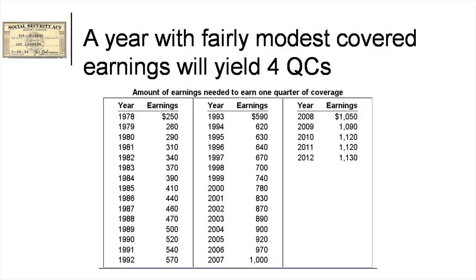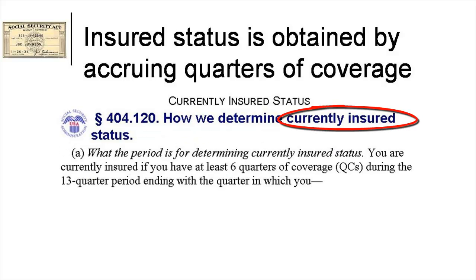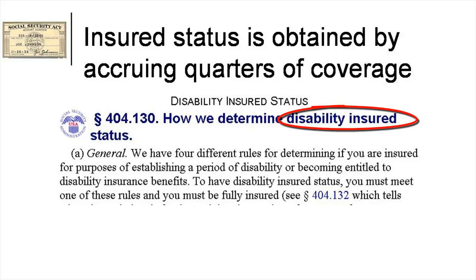Quarters of coverage, sometimes referred to as QCs, or simply credits, are used to determine whether the beneficiary, or critical family member, has the requisite insured status. Depending on benefit type, that may require fully insured status, currently insured status, or insured status for disability benefits.